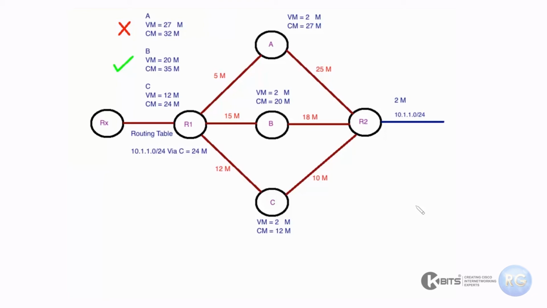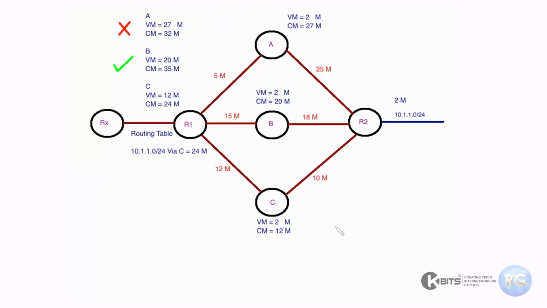OSPF is for an area, EIGRP is for a router. Let's take a look at how EIGRP exchanges its routes.